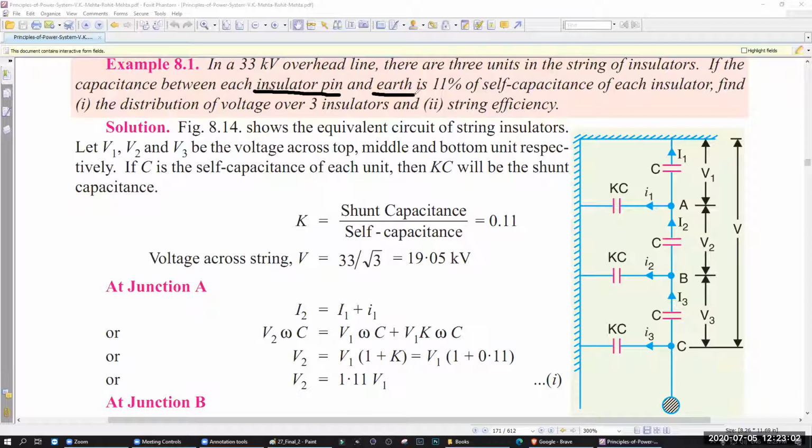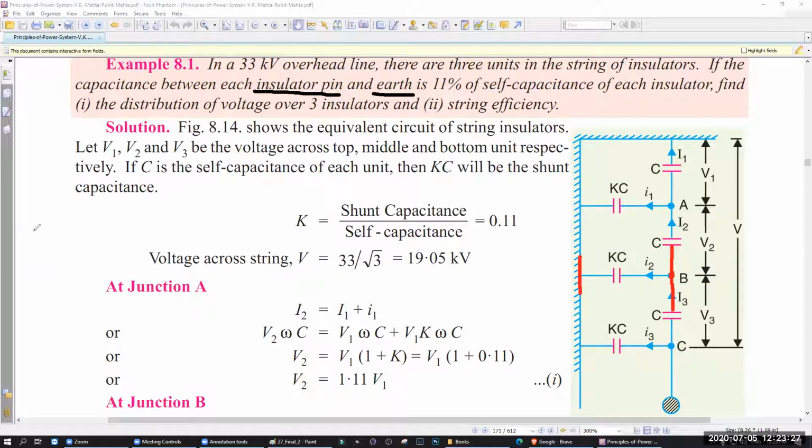That means the capacitance between insulator pin and earth. Which one is the insulator pin? The insulator pin is this, and earth is this. So between insulator pin and earth, that is actually the shunt capacitance. Shunt is 11% of self capacitance. Obviously, this is shunt, this is self.